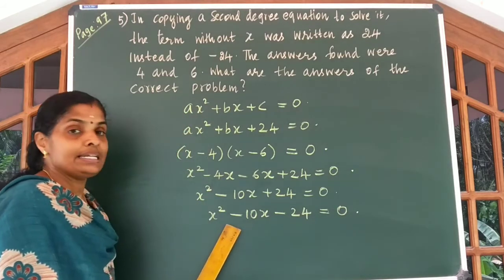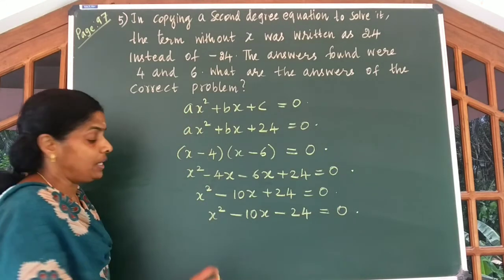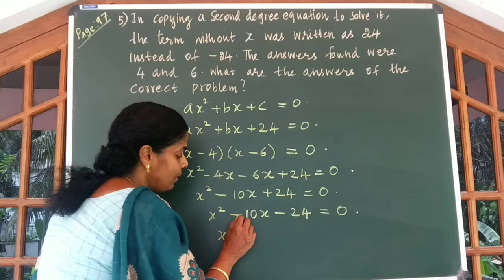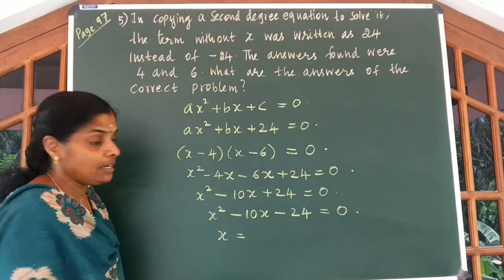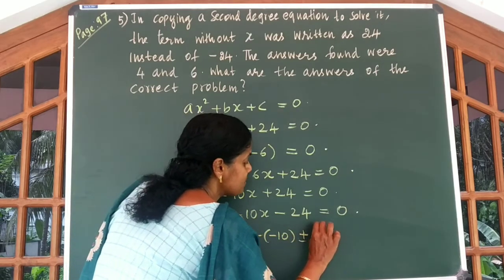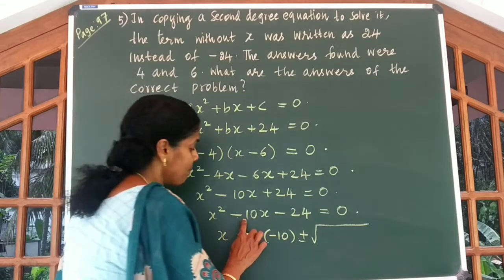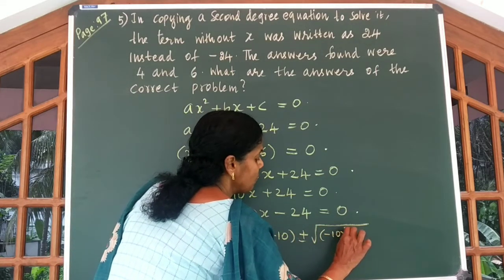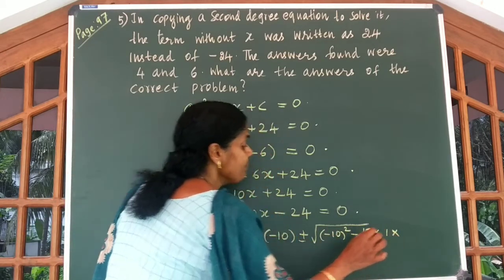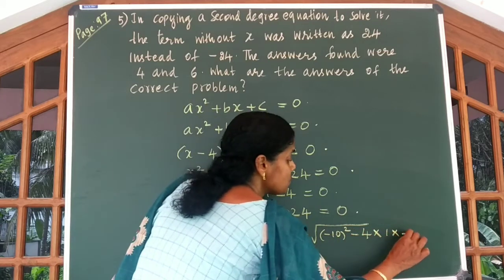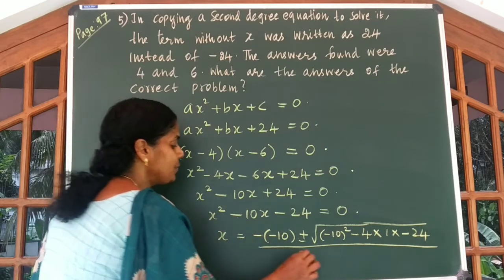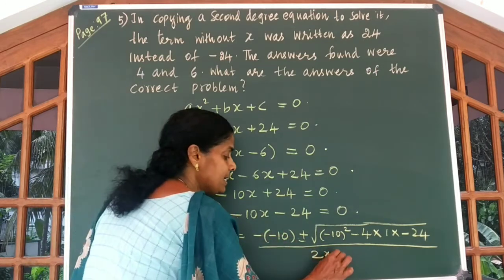Now using this, let us find the solution. We can write x is equal to minus b. For us, b is minus 10. So you get minus b plus or minus root of b square value. B square is minus 10 the whole square minus 4 into a value is 1, c value is minus 24, whole thing divided by 2 into a value is 1.